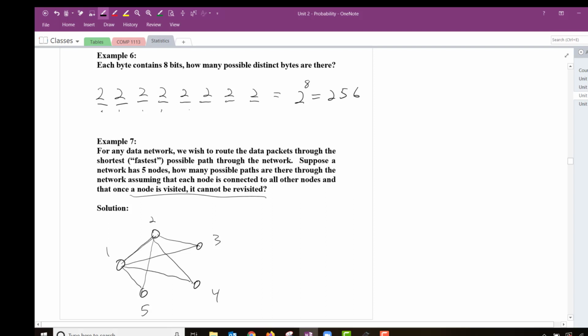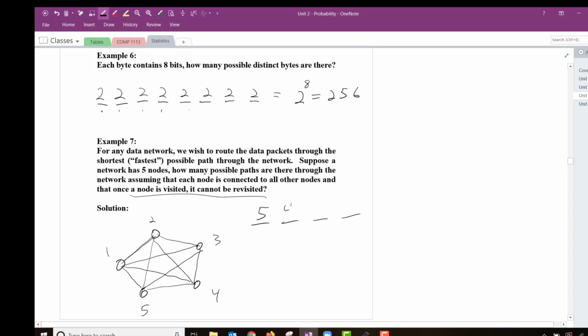So the first, we had 4 options. Then once we got to an option, we only had 3 choices left. Then say we're here, then we just have 2 options. And once we're here, we would only have 1 option. So we initially have 5 different nodes we could start from.